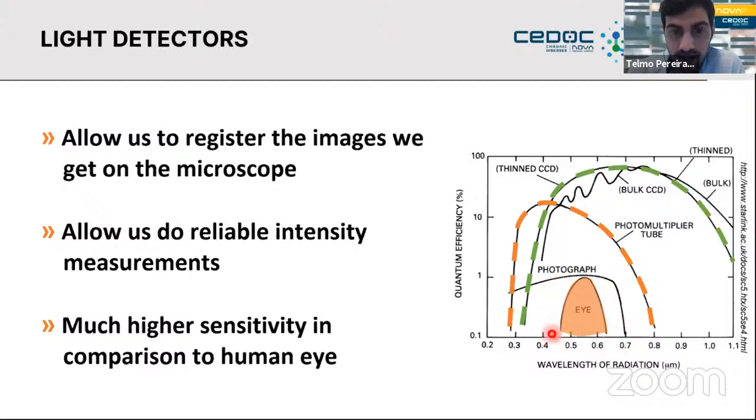You can see most of the visible light, but with not a very high quantum efficiency. If you compare this with other types of light detectors, for example the photomultiplier tube or CCD cameras, you can see that it's much higher, and the response in the wavelength is also much better. So you can see more types of fluorophores, and you can see them with a higher efficiency.